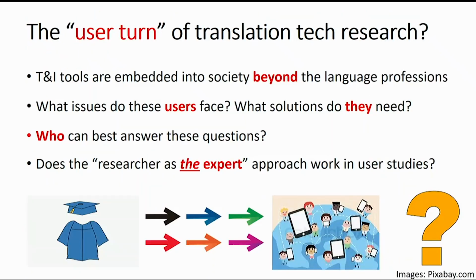But once we recognize that the users are now way beyond language professions, we know less about the issues these people face, and we are definitely not necessarily the experts on the type of solutions they need. So who can answer those questions? If it's not the expert, then who can? We're no longer in that role of unquestioned expertise. So what approach might be a useful one to take in a case where we want to conduct a user study around translation technology?